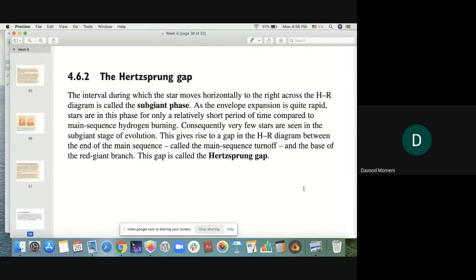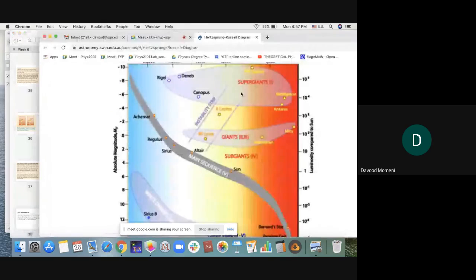Short in comparison to their age, which is calculated based on the main sequence hydrogen burning time. So very few stars can be seen in the subgiant stage of evolution. Most of them will have jumped to be giants.